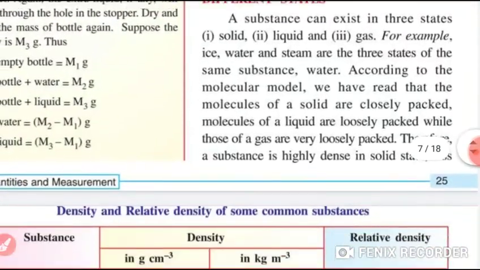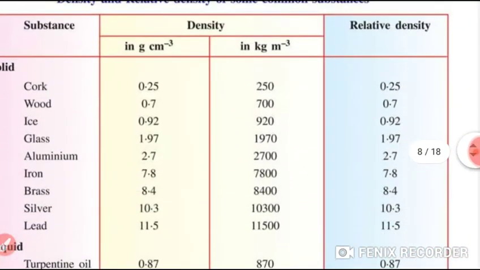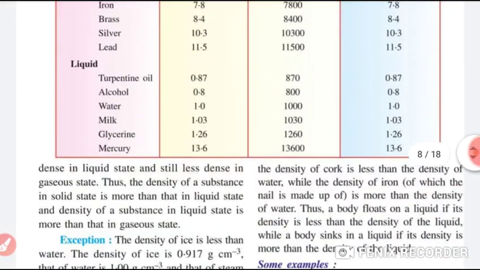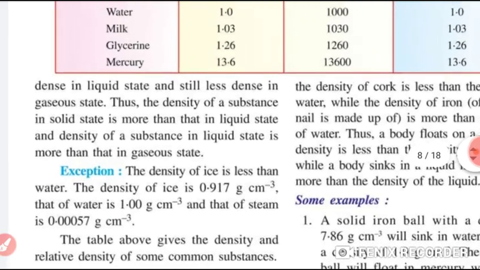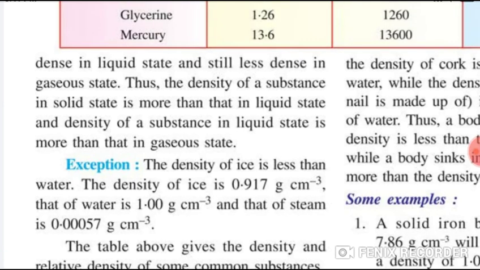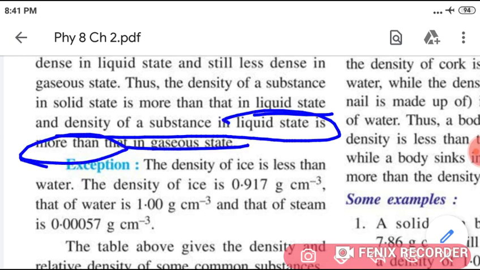That is why a substance is highly dense in the solid state, less dense in the liquid state, and still less dense in which state, students? Gaseous state. Thus, we can say that the density of a substance in the solid state is more than that in the liquid state, and the density of a substance in the liquid state is more than that in the gaseous state.